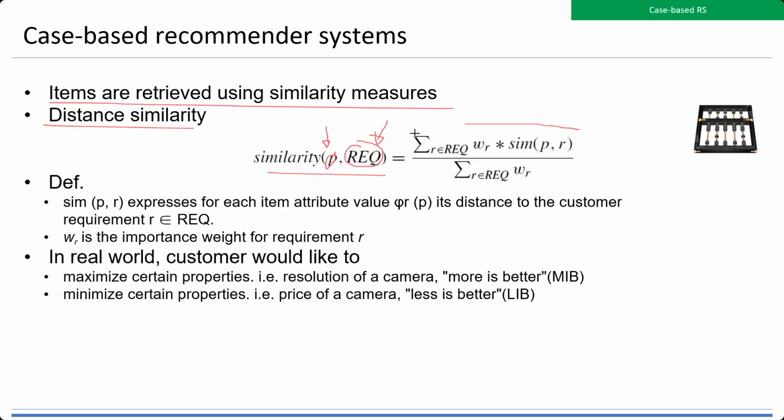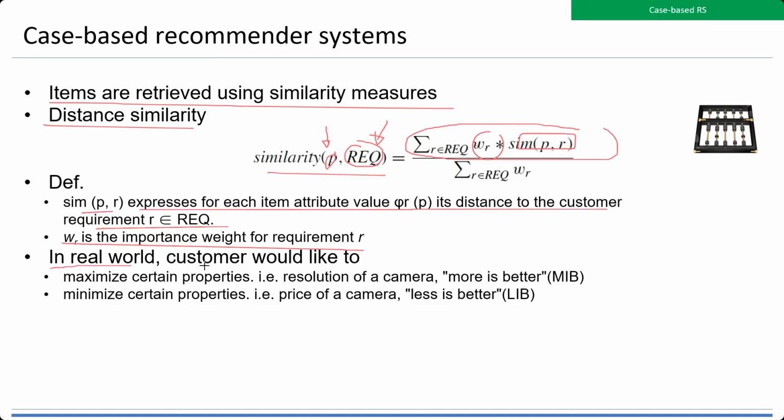Here is the formula. It is the summation of the weight, where W_R is the importance weight for requirement R, and the similarity of the product with the requirement. Sim PR is for each item attribute value P, its distance to the customer requirement R.